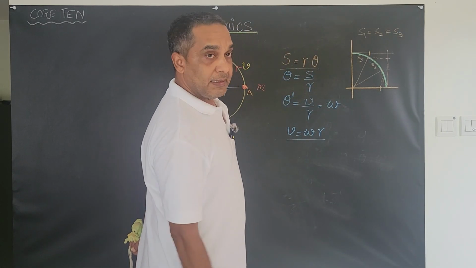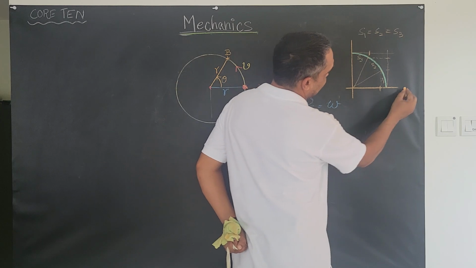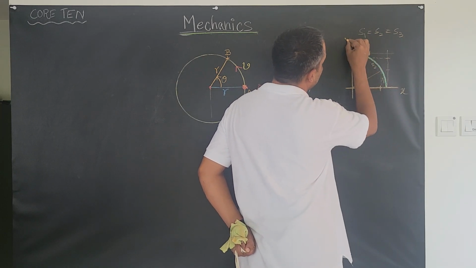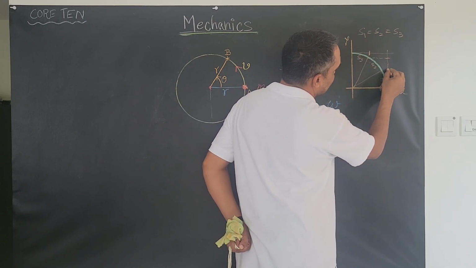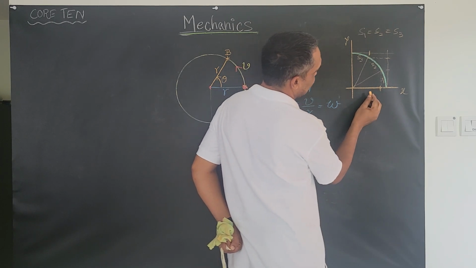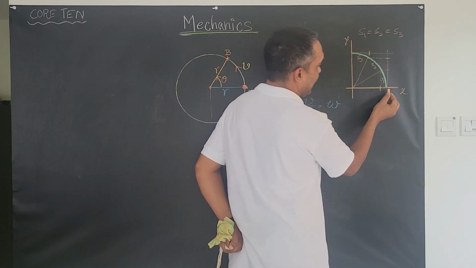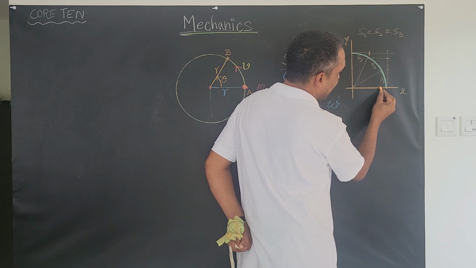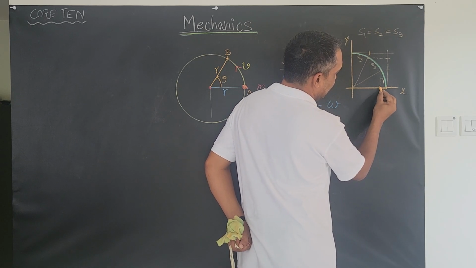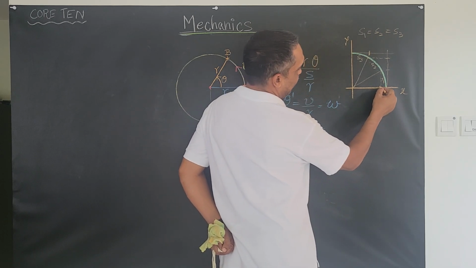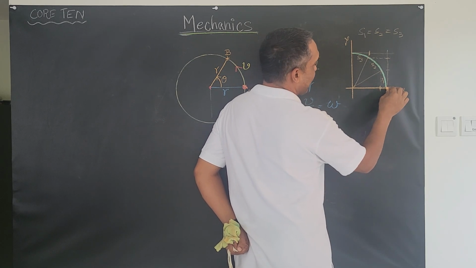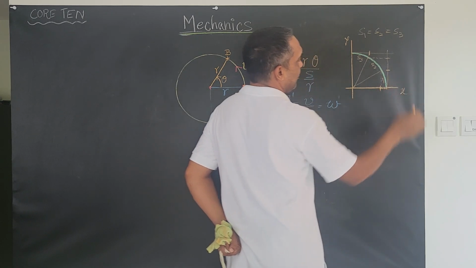However, the displacement along, if this was x and this was y, let's say an object is moving this way, in the first piece of time, it covered a value here, but a much higher x-axis.